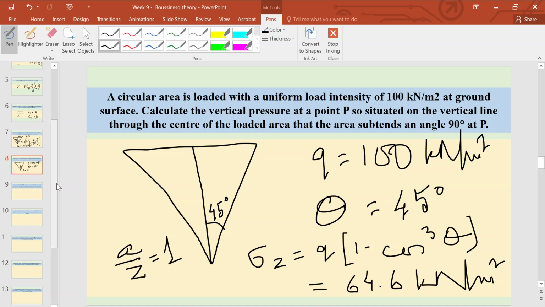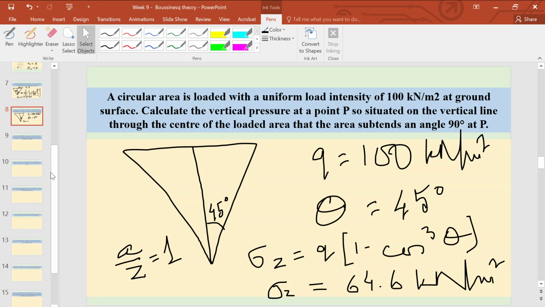The concept is important. So using this formula, I can say that the value of the vertical pressure at a point P is 64.6 kilonewton per meter square. Okay.